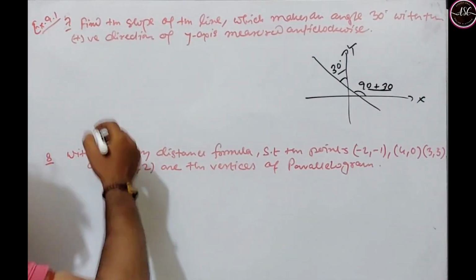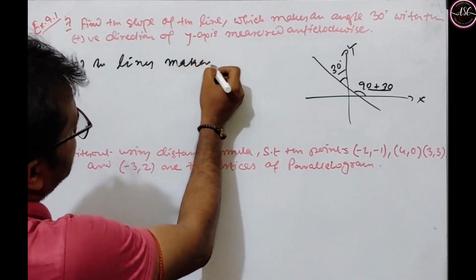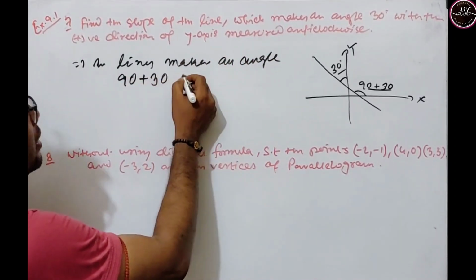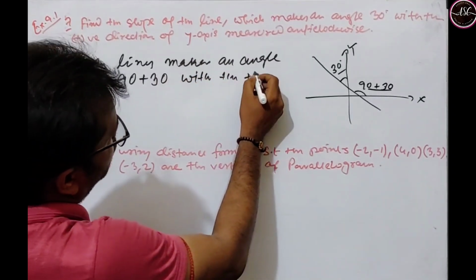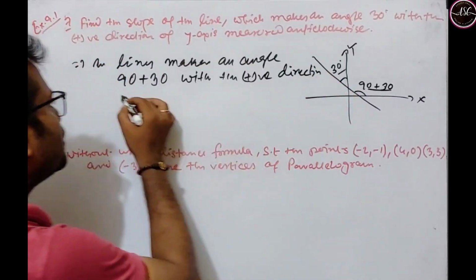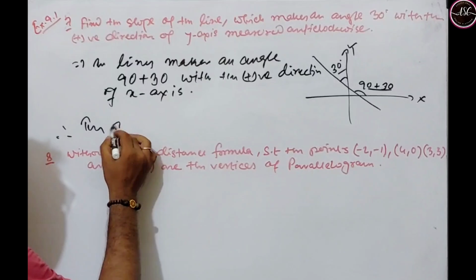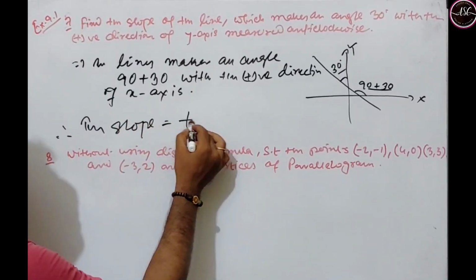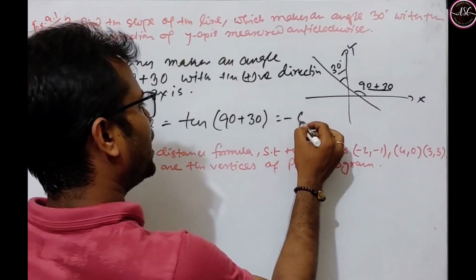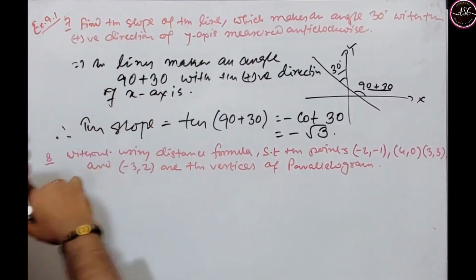So the line makes an angle of 90 plus 30 with the positive direction of the x axis. So the slope equal to tan of 90 plus 30, that means minus cot 30, that means minus root 3. Okay, very easy.